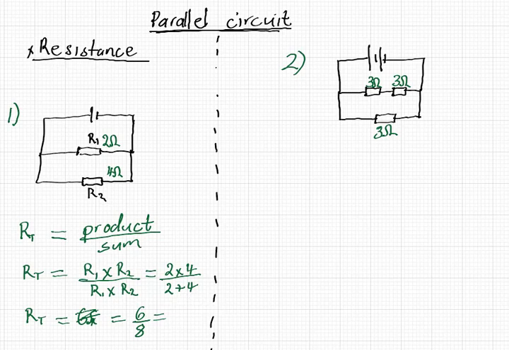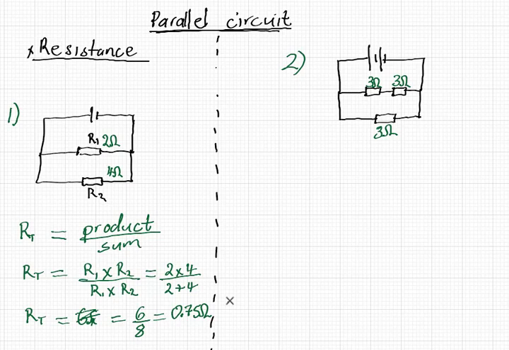Let me get my calculator and calculate. So 8 divided by 6 is 0.75, that is ohms. That's the total resistance.